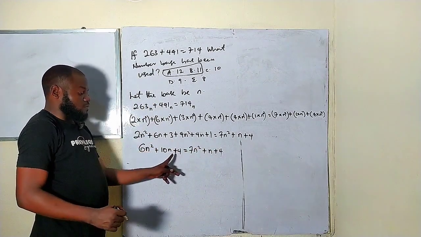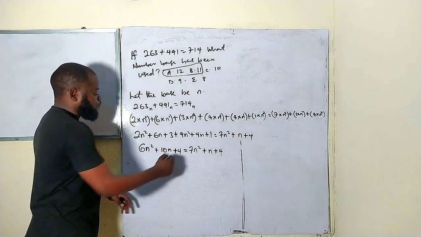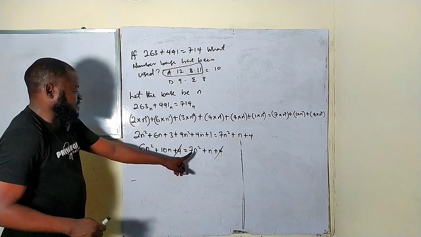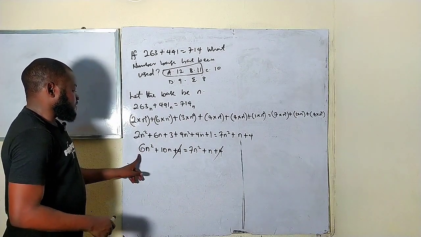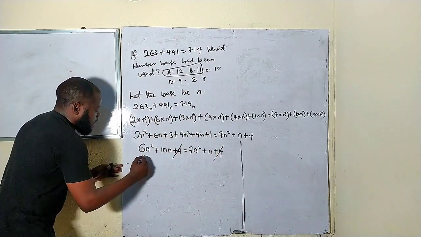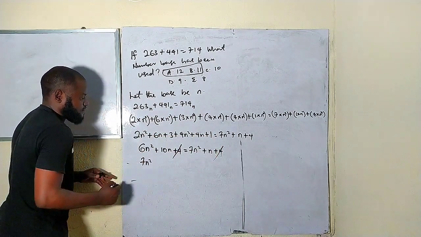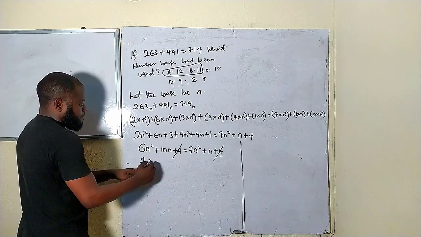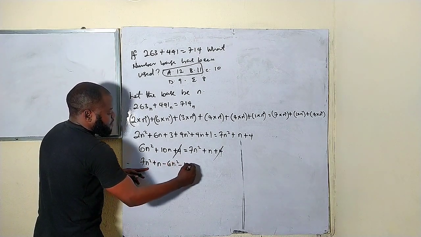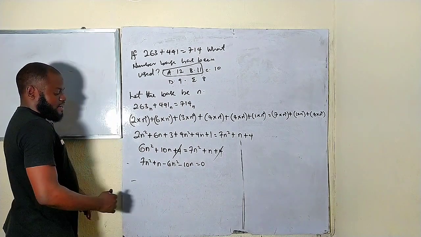So if this 4 should come to this side, it becomes negative. So 4 and 4 would cancel. Now 7n squared, and this is 6n squared. Let's take everything here to the other side. We therefore have that 7n squared plus n minus 6n squared minus 10n equals 0.